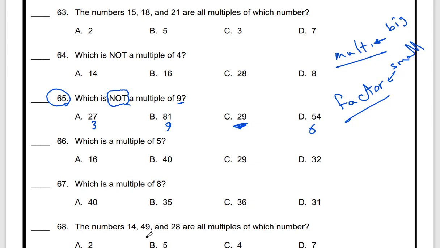To divide, to find the factors, to find the multiples, everything, you will need the timetable to solve almost all questions here. Thamer, any more problems? No. Okay, thank you, Thamer.